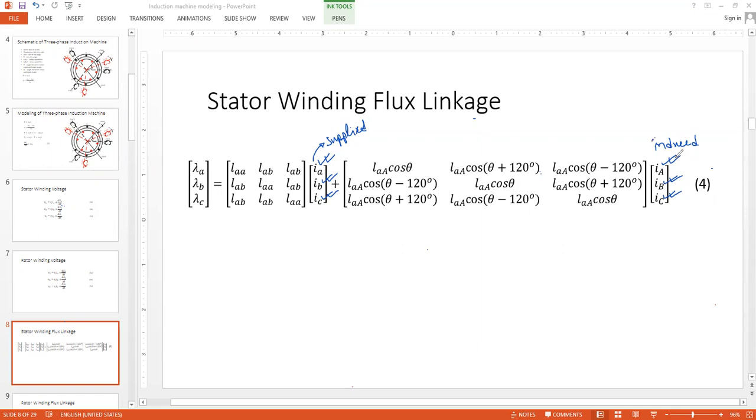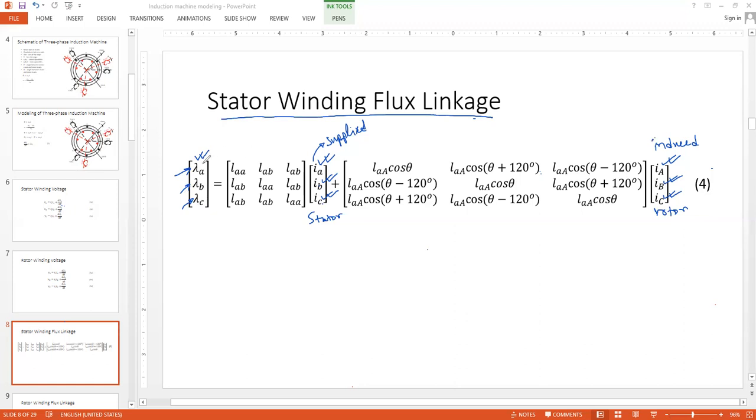And once there is magnetic flux, there would be flux linkage, lambda. No question about that. So in total, there would be 6 currents: IA, IB, IC in the stator, and Ia, Ib, and Ic in the rotor. So 6 currents and 3 flux linkages, because this is the stator winding flux linkage. How would they be related?